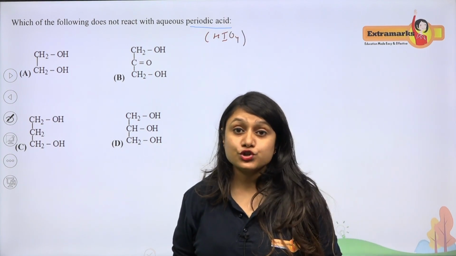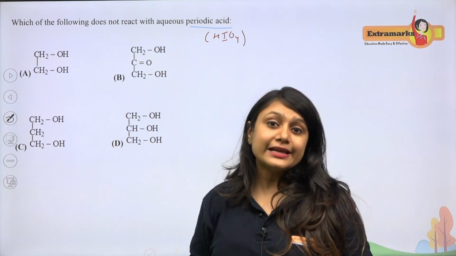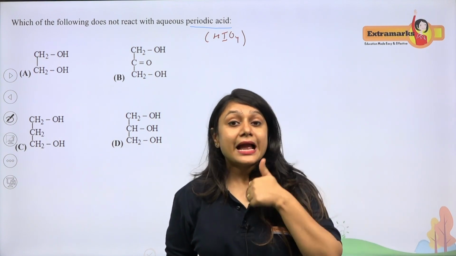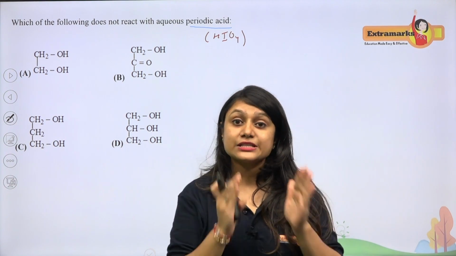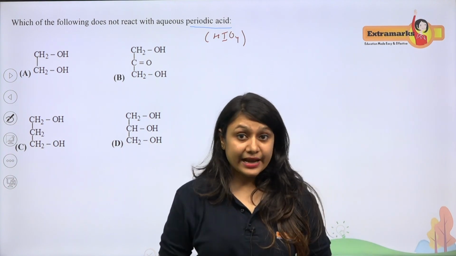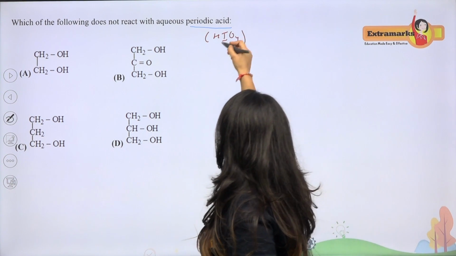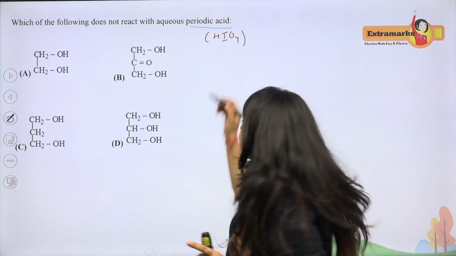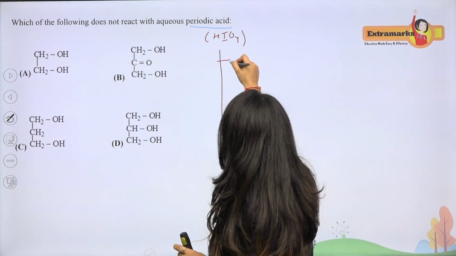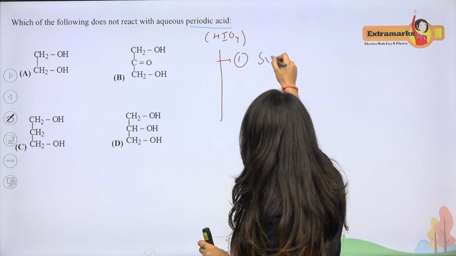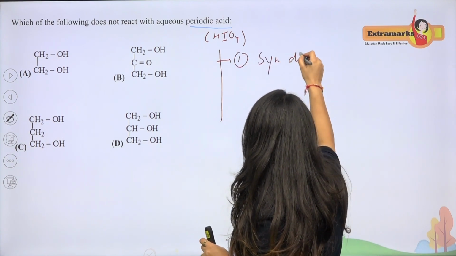For these types of questions, HIO4 only reacts with vicinal diols, specifically syn diols. First, I am telling you it reacts with syn diols.